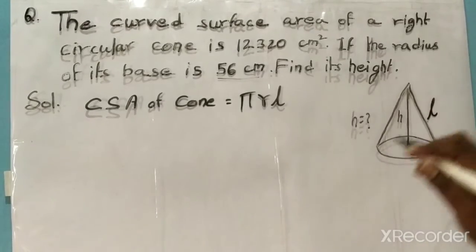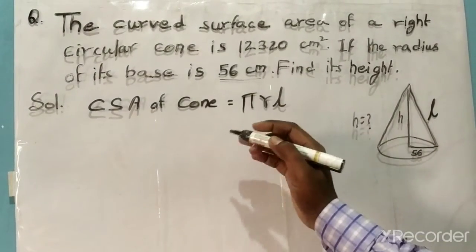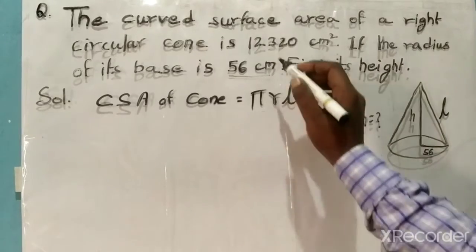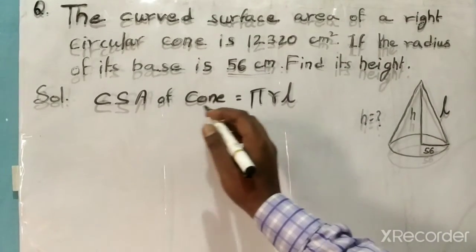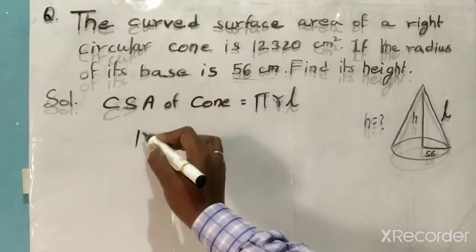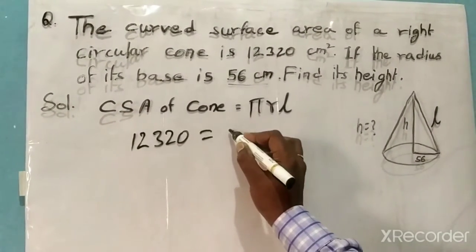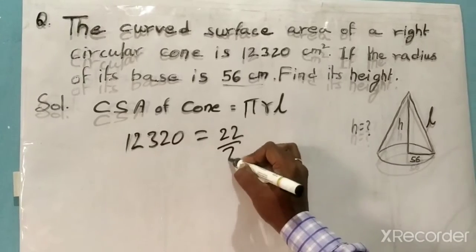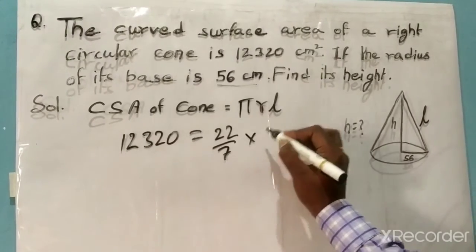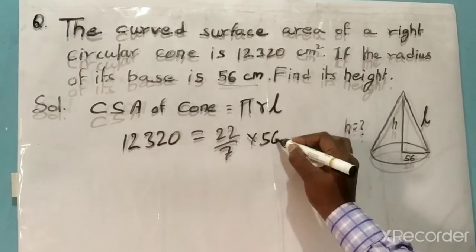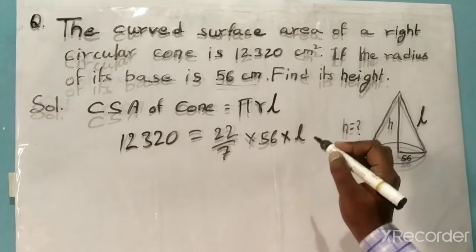Now we'll solve this and find l first. The curved surface area of the cone is given: 12,320 equals 22 by 7 into 56 into l.